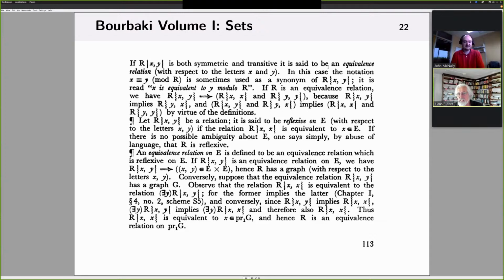Now, I will admit that this is not what you find in a typical discrete math textbook, but it's not that much different either. These are exactly the definitions that you will find in a standard book. And it's just hard to wrap your head around this stuff.